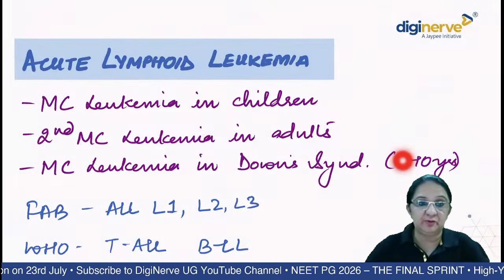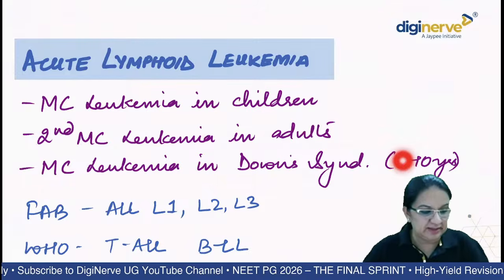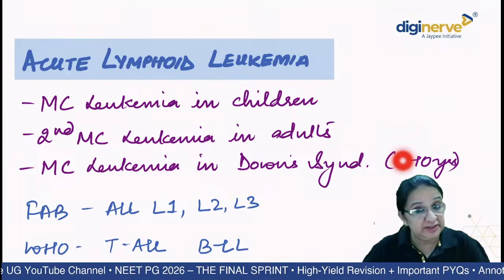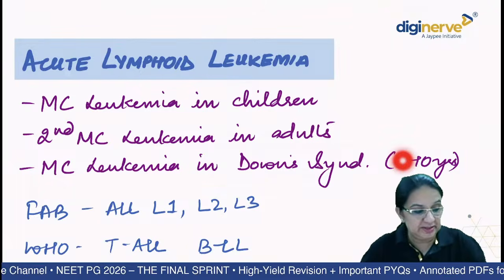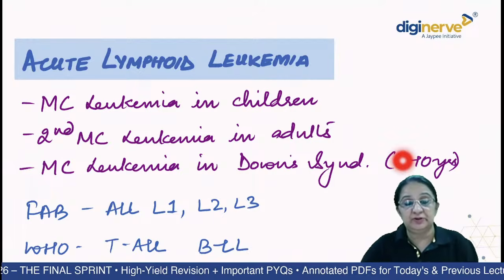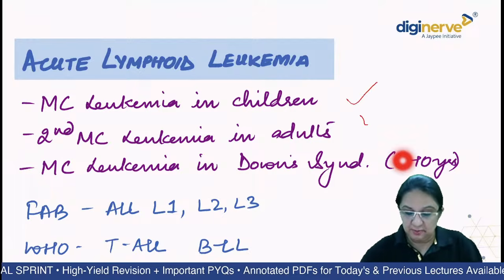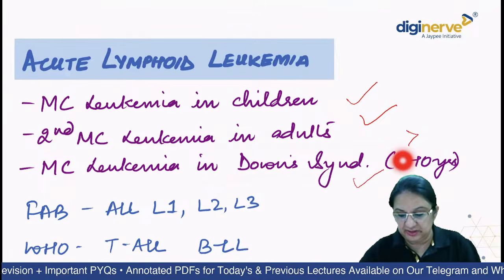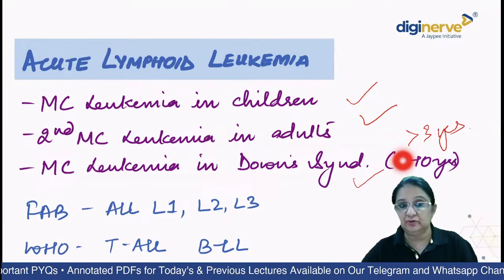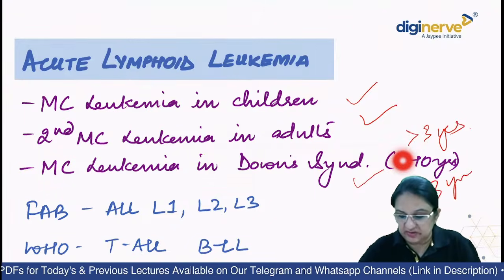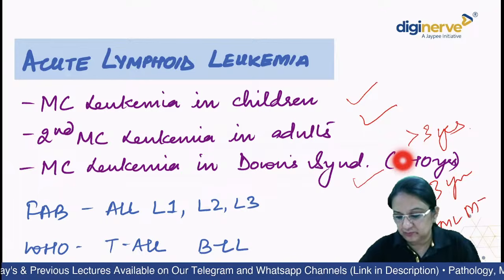Okay, so AML over, starting with ALL. ALL is the most common leukemia in children. Please note ALL: most common leukemia in children, second most common leukemia in adults, most common leukemia in Down syndrome more than 3 years. I told you less than 3 years, it was AML M7, right?